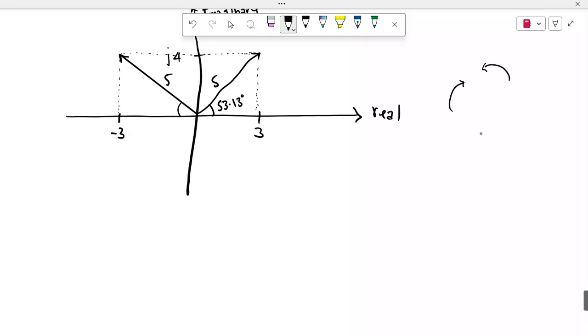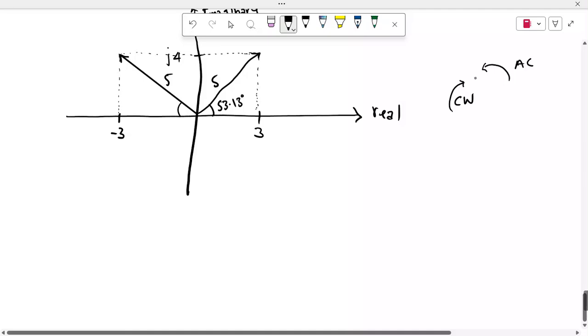A clock moves like this, so this is clockwise. Then this is anti-clockwise. So the angles are just there to show you the direction that you're moving in, clockwise or anti-clockwise.